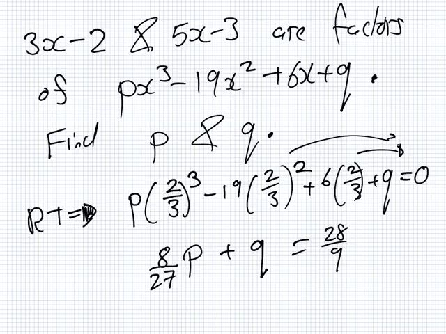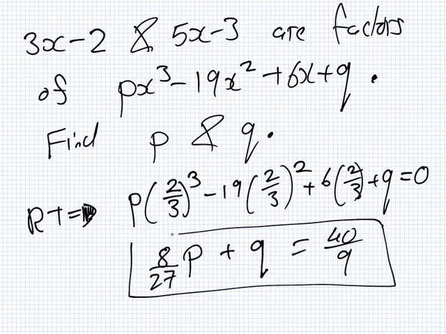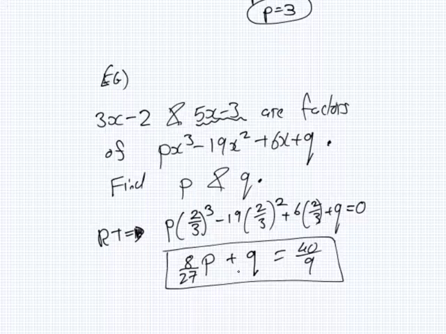Okay. Sorry, I'm having some kind of breakdown right now. 40 over 9. It's not enough to find P and Q from this one. We also have to use this one now. Okay.